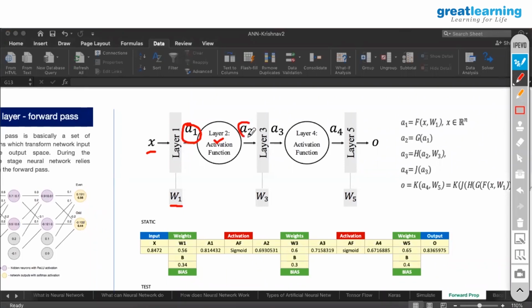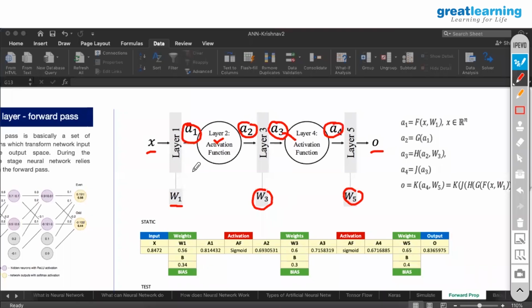I get alpha, which gets multiplied with my next weight and gets alpha 3. Alpha 3, or A3, goes into a new activation function. It becomes A4. A4 gets multiplied with some weight and I get my output. This is your forward propagation.